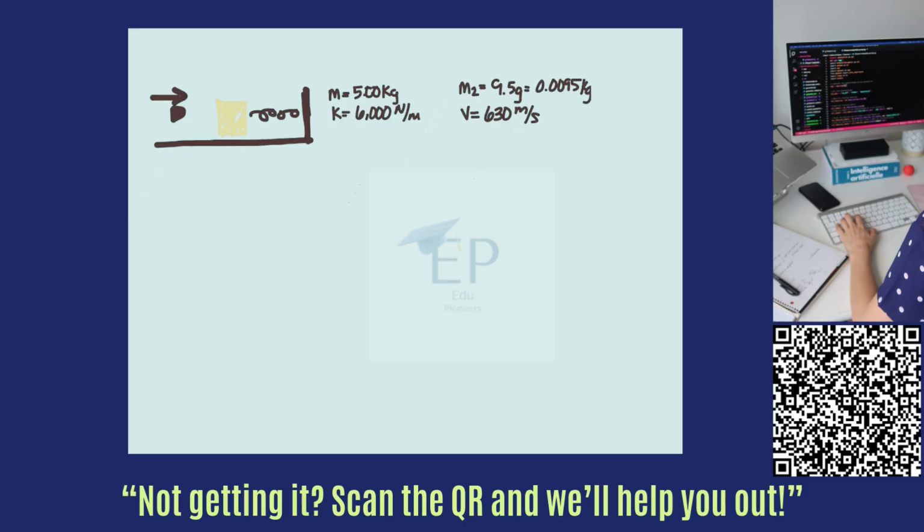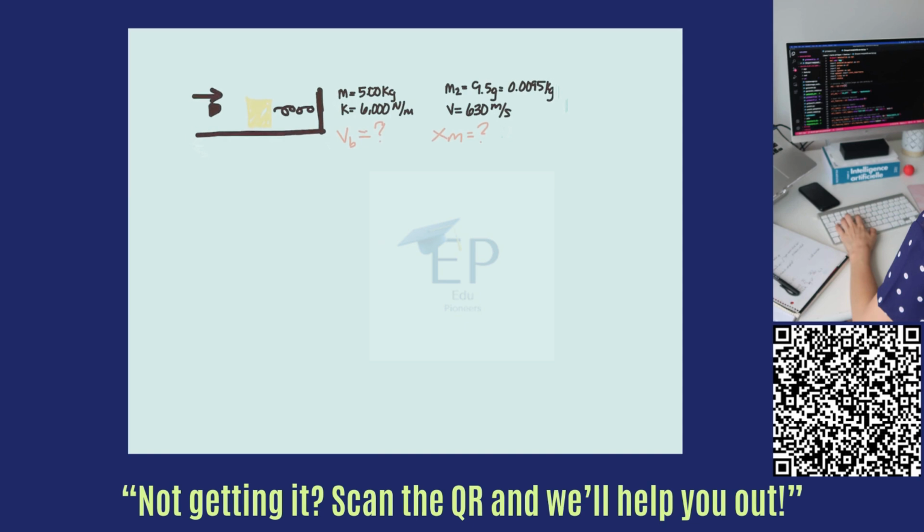And we're trying to figure out what is the velocity of the block after the collision. And we're also trying to figure out what the resulting amplitude of that motion is going to be after the fact. So first we have to think about the law of conservation of momentum, which states that the momentum before collision is going to be equal to the momentum after the collision.